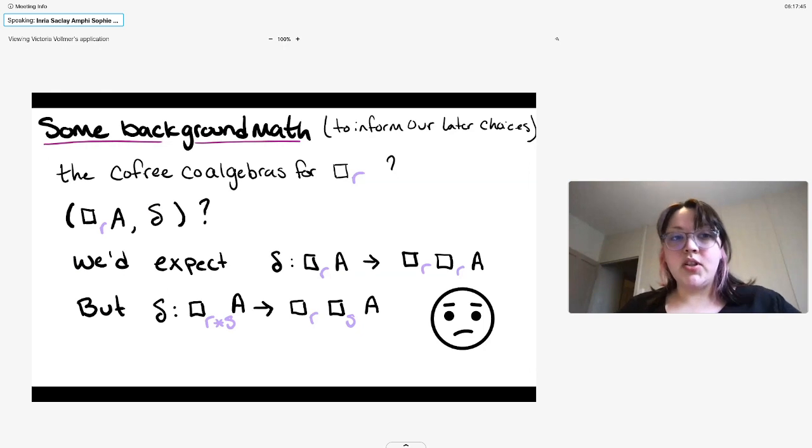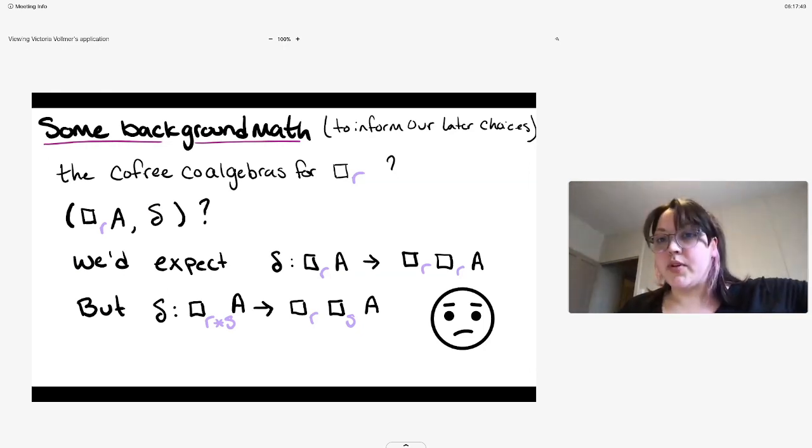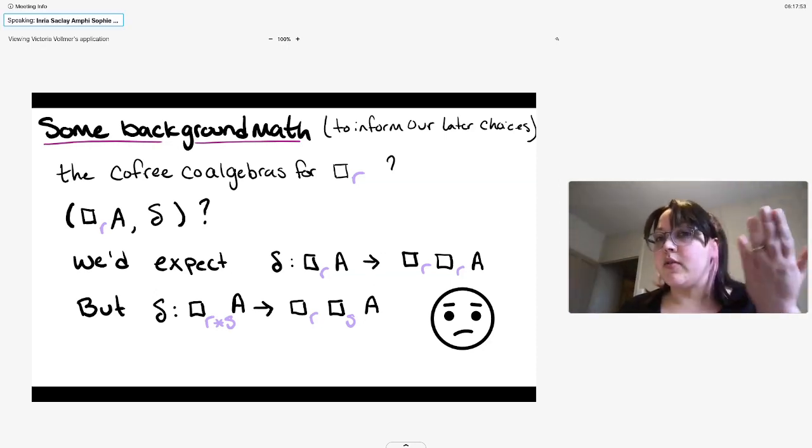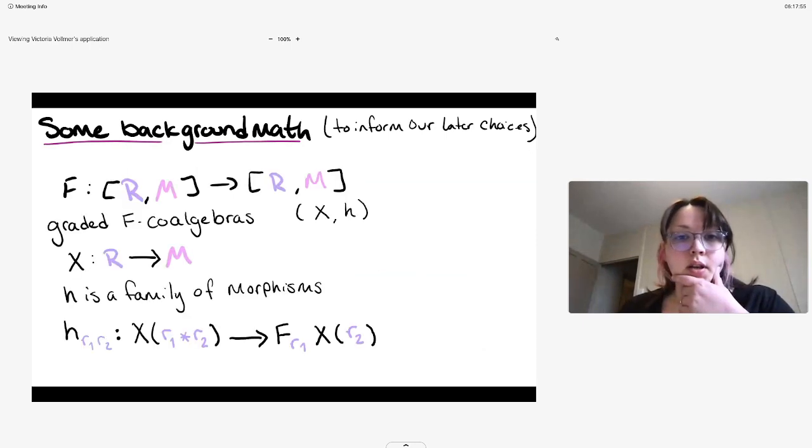So instead of trying to find these coalgebras this way so that we can get the structure, we're going to change our expectations and come up with a different way of finding these coalgebras, which is to change the base category that we're looking at.